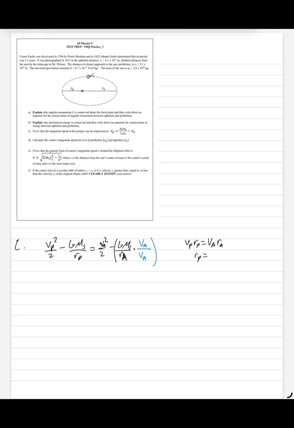So I'm going to isolate R P because that's what we're trying to get rid of, and insert it into here. I'm going to move this thing over here and this thing over here.